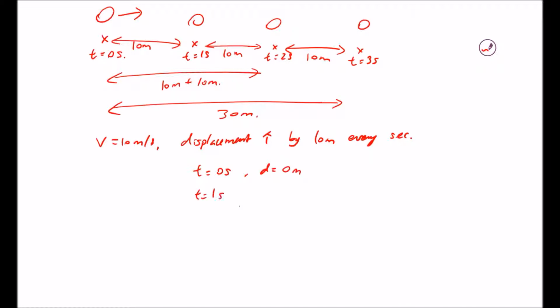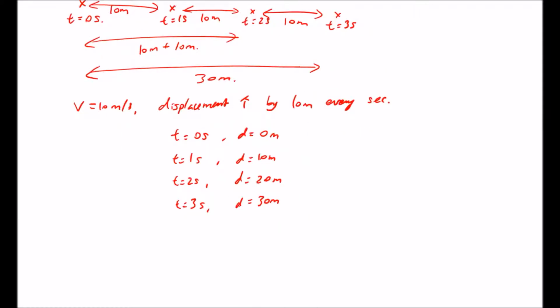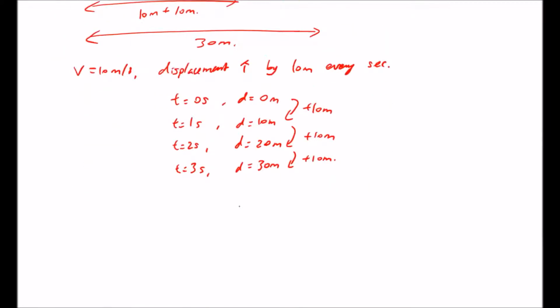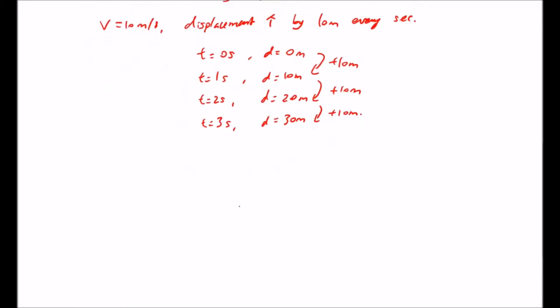Time equals 1 second, displacement equals 10 meters. For 2 seconds, displacement is 20 meters. And for 3 seconds, displacement equals 30 meters, and so on and so forth. Every second, there's an increase of 10 meters in displacement. Remember this concept, and we'll see how acceleration is very similar to this.